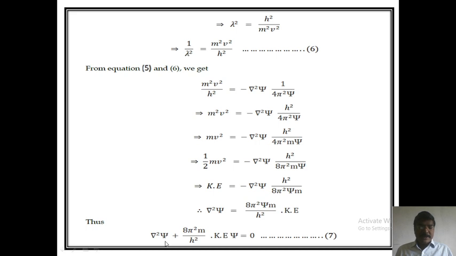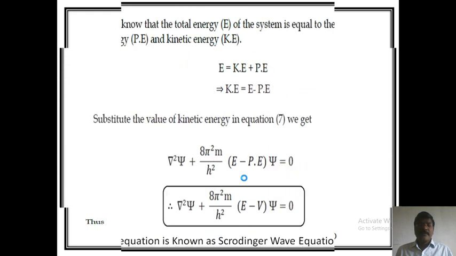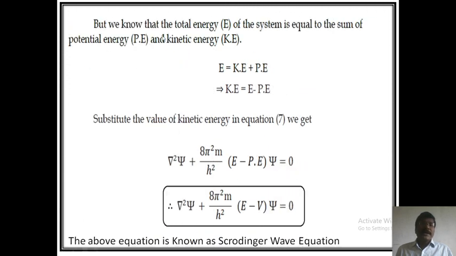Thus, del square psi plus 8 pi square m by h square into KE into psi equal to 0. This is equation number 7. But we know that the total energy of the system is equal to the sum of potential energy and kinetic energy. So total energy E equal to KE plus PE.